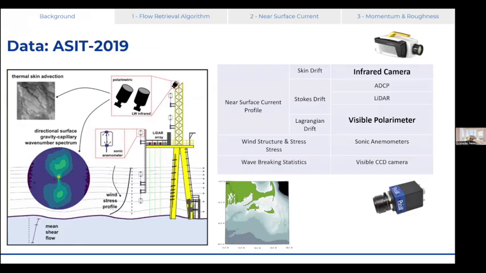I do a lot of imaging, using infrared cameras and visible cameras, and specifically visible polarimetry. Polarimetry allows me to look at the polarized light coming from the ocean, and from that I can measure the waves directly, the slope of the waves, and therefore the wave height directly. So I use the infrared camera and this visible polarimetry to measure the flow right near the surface, in the top 10 centimeters of the ocean.